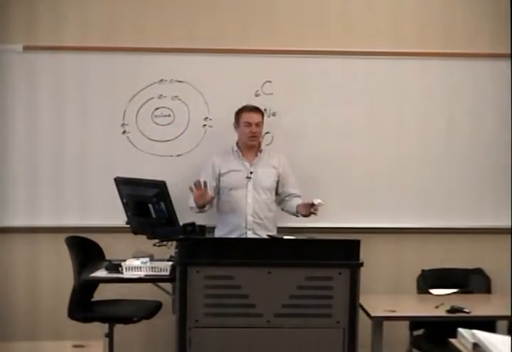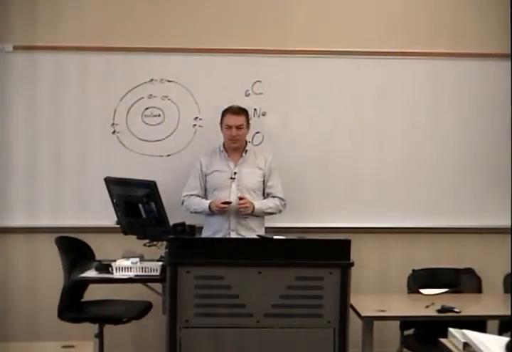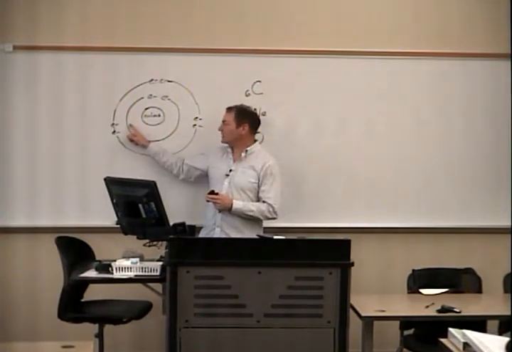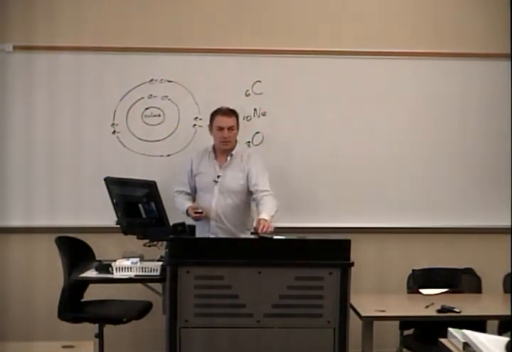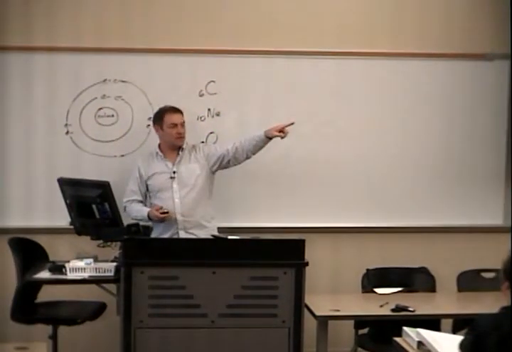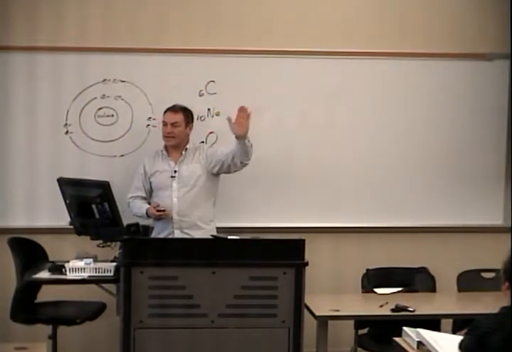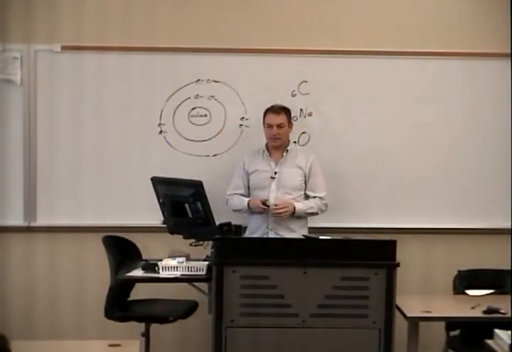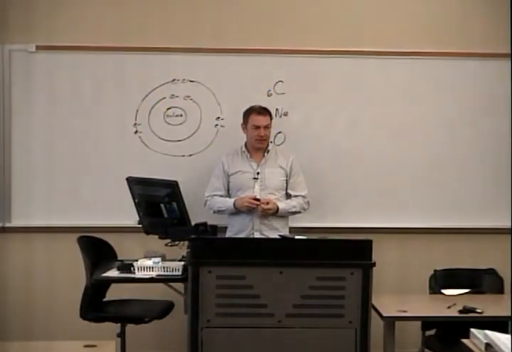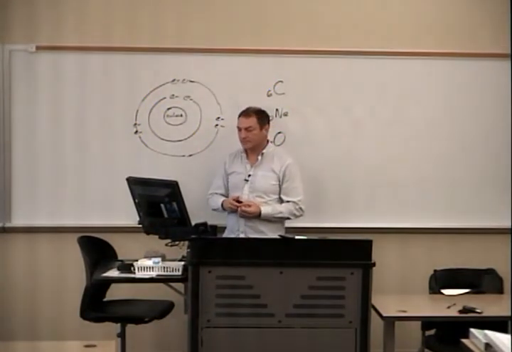Well, it's not like that for all of the elements. Things change. It's always 2, it's always 8, but then it starts to get funky after that. For the elements that we deal with, from atomic numbers 1 to 18, 2, 8, 8, done. For bigger elements, it's different.